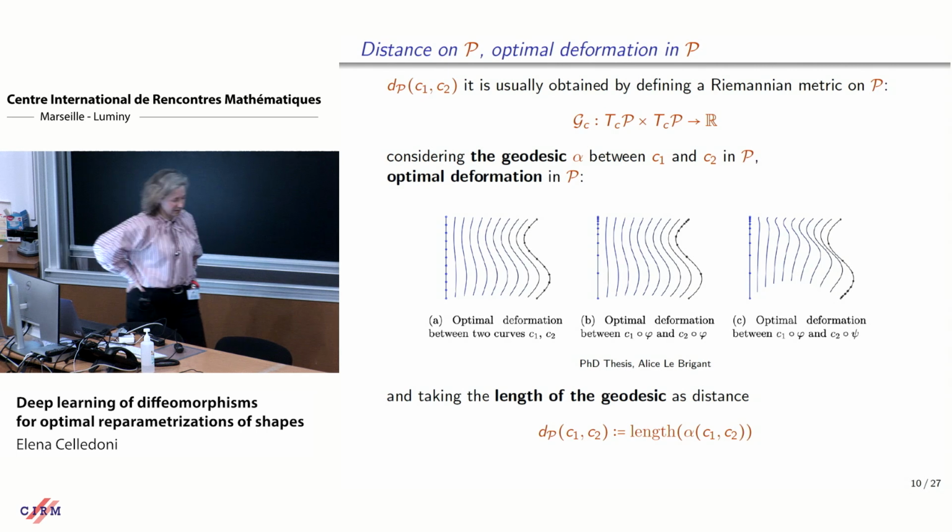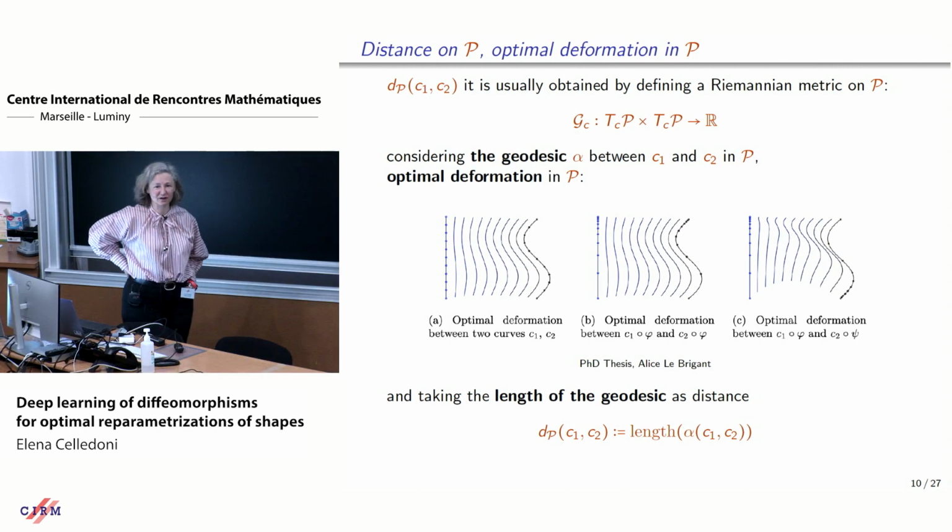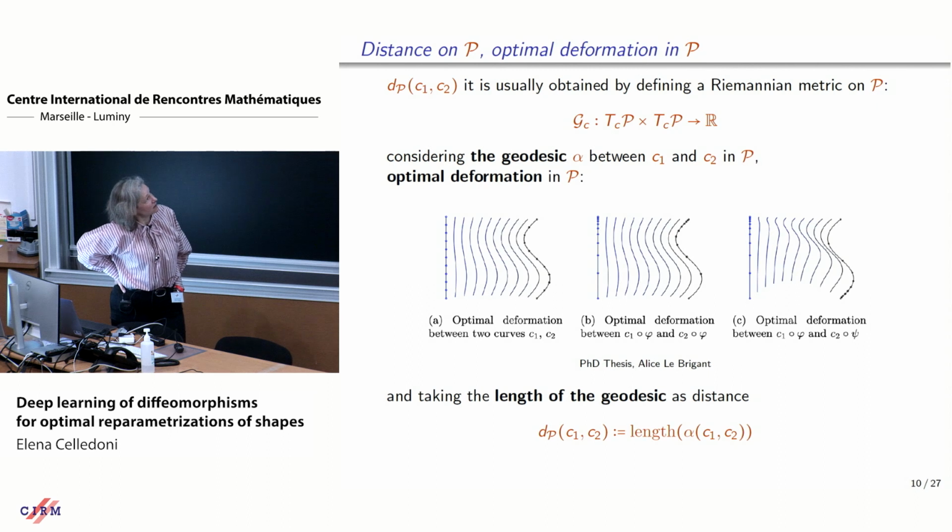Turns out that, for example, the obvious choice, the L2 metric, is not a good choice because it leads to zero distance in the shape space when you pass to the quotient. So you need to come up with something smarter, something better. But you can do it. There are several ways to do it, and here I show something.